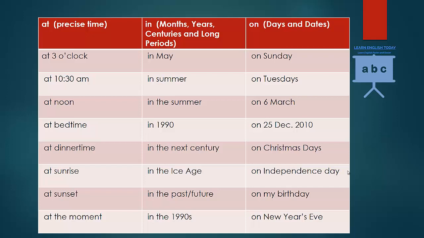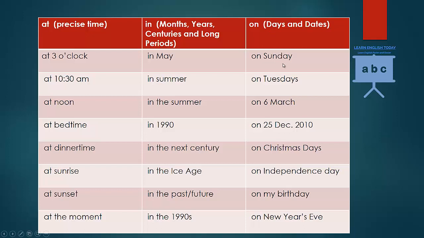The next one, in. It is used for months, years, centuries, and long periods. For example, in May, in summer, in the summer, in the 1990s, in the next century, in the Ice Age, in the past or in the future. On the other one, we have on. On is used for days and dates.